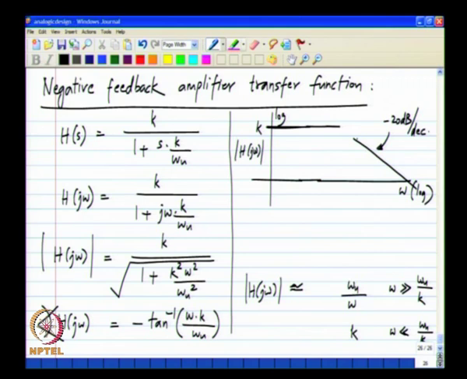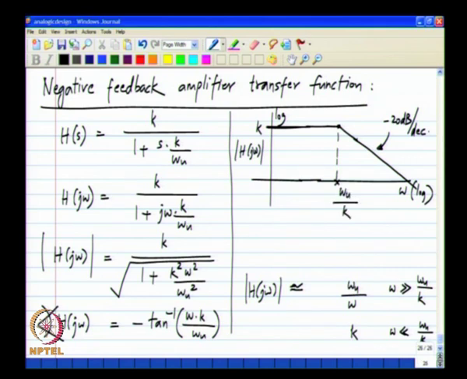And you also see from this expression that at omega equal to omega u it approximately reaches unity. So, the frequency at which the transition occurs is nothing but the pole frequency of the amplifier, and it is equal to omega u divided by k.